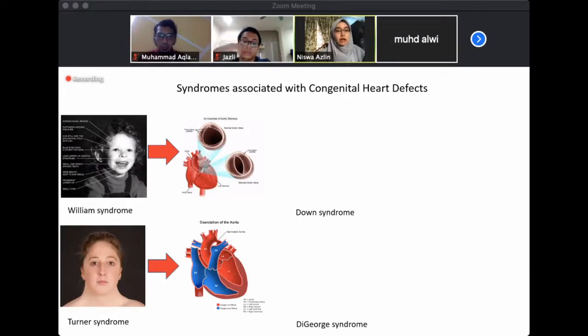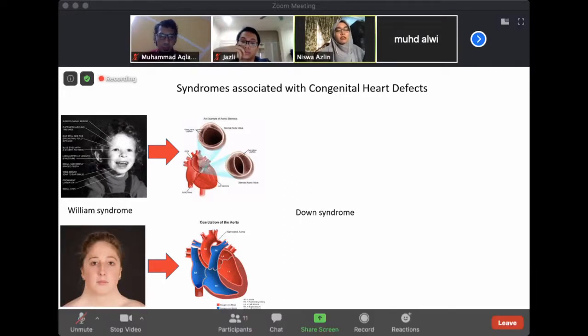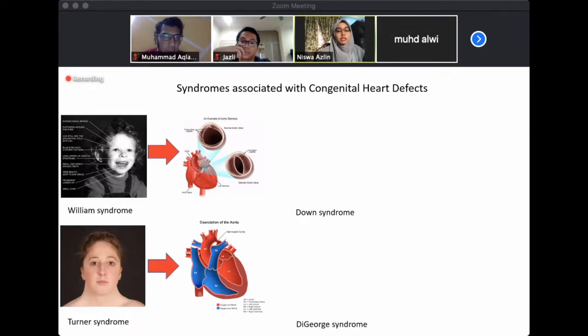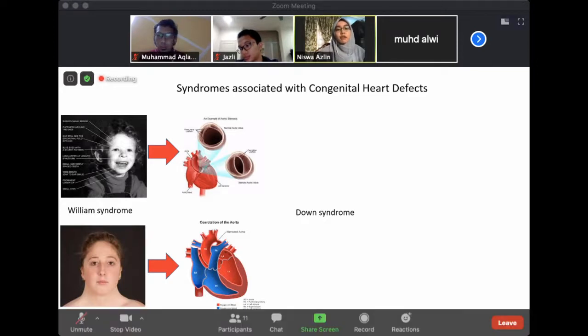So how does the congenital heart disease or coarctation of the aorta occur in Turner syndrome? Some hypotheses have been postulated in several articles, whereby they mention that the origin of the congenital heart disease is related to lymphatic hyperplasia or lymphatic obstruction in utero.